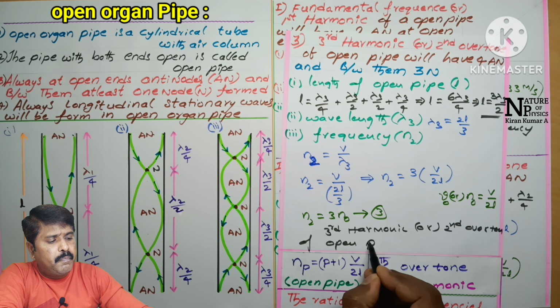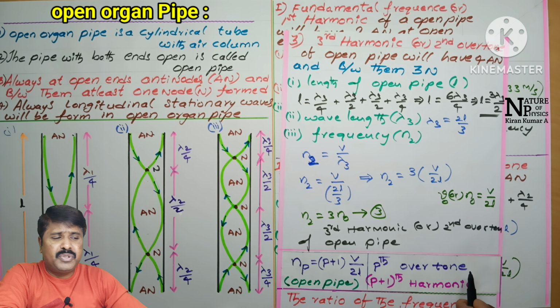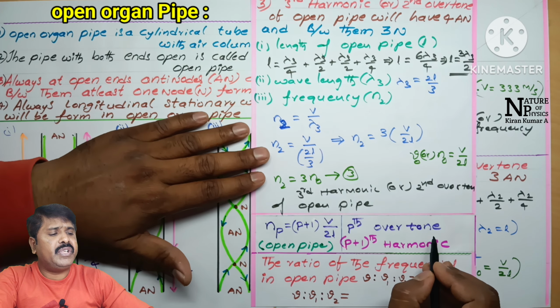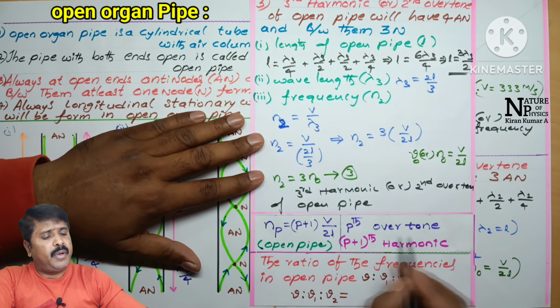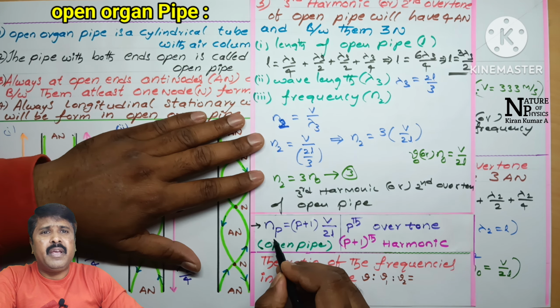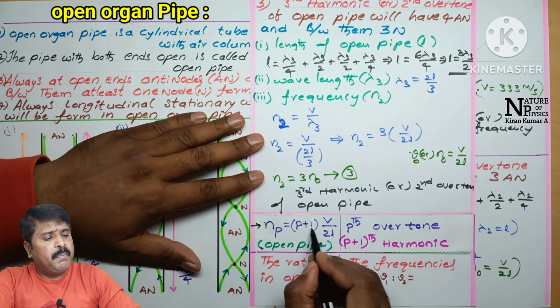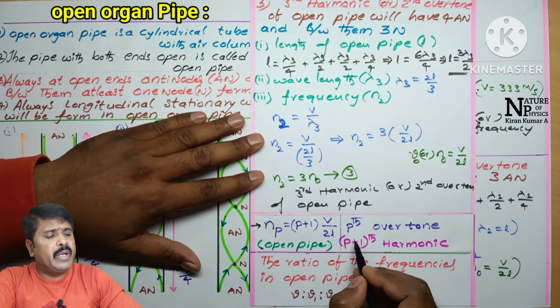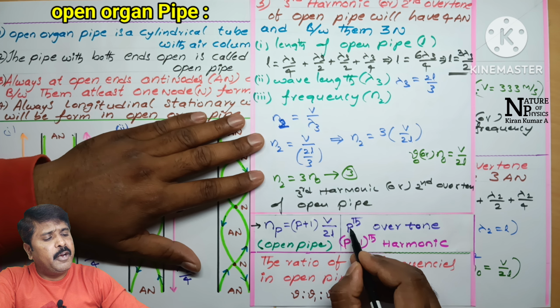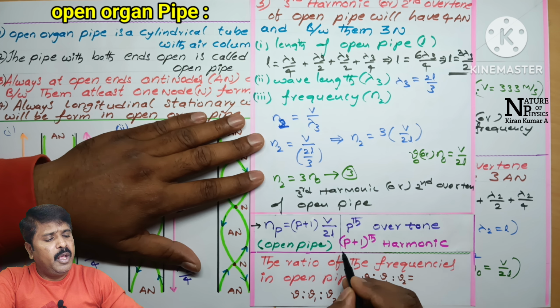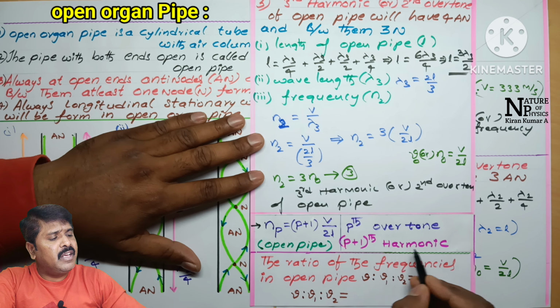Okay student, and then continuation, next we will have NP, which is equal to (P plus 1) V divided by 2L, student. Here P represents the pth overtone, and P plus 1th represents the harmonic.